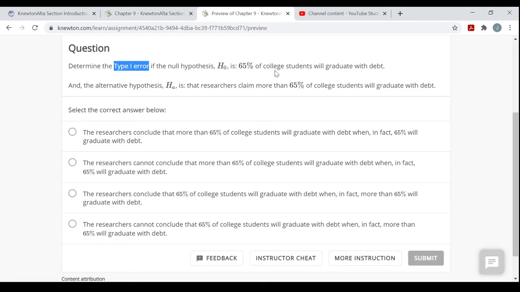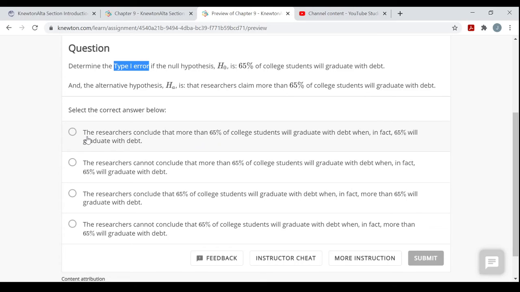That's a type 1 error. So a type 1 error would be you accepted the alternate. You conclude that more than 65% of college students will graduate with debt, but in actuality, the null hypothesis was true. You should have kept the null.